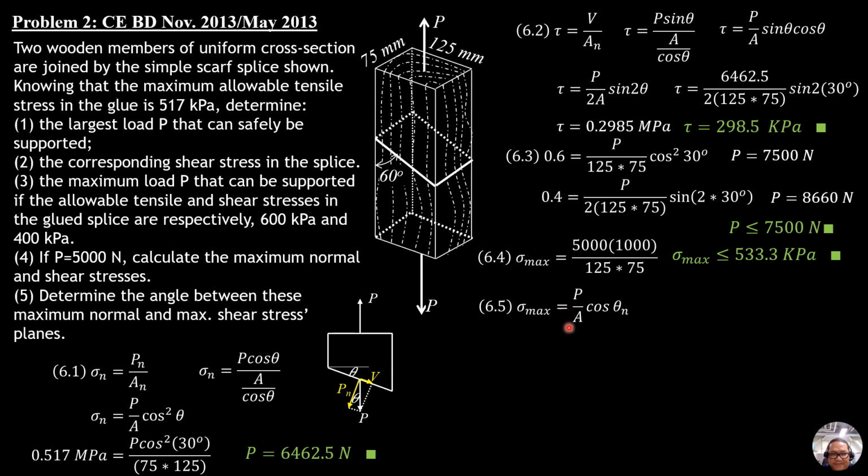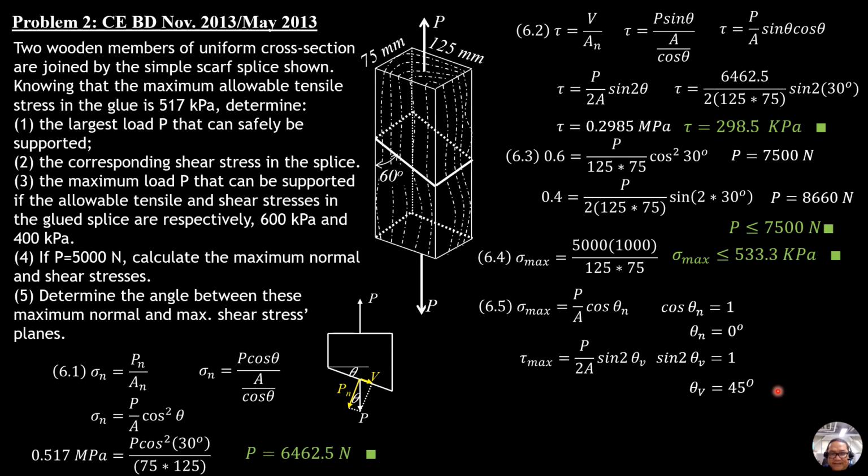So sigma max is P over A cosine theta n. This is maximum if cosine theta n is 1, and that happens when theta n is 0 degrees. And for tau max, P over 2A sine 2 theta b, theta for shear, and for maximum value, this should be equal to 1, and that happens when sine 2 theta b is 1 or 2 theta b is 90, so that means theta b is 45 degrees.